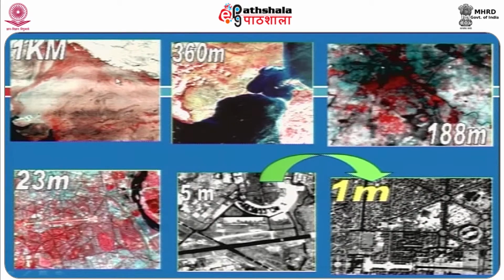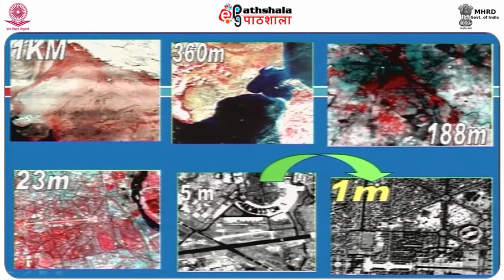It ranges from say 1 kilometer in the earlier days to 1 meter now. Just imagine. The finest resolution we now have is 1 meter. In fact, it is even less than 1 meter, but for various scientific purposes, they normally release data with a resolution of 1 meter. So it ranges from 1 meter by 1 meter to 1 kilometer by 1 kilometer. That will be the spatial resolution of a satellite.